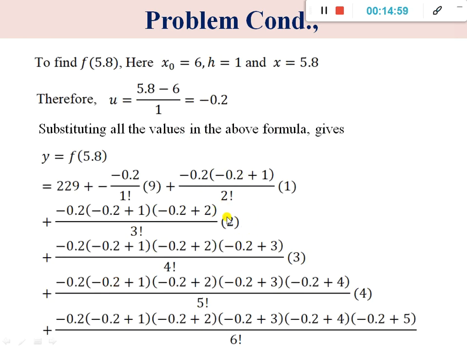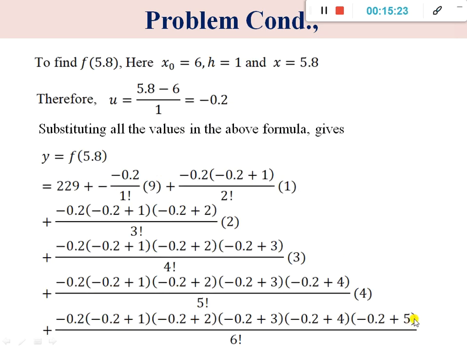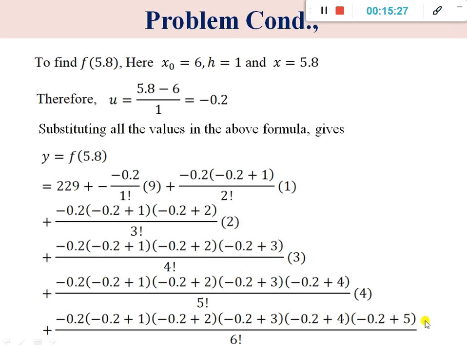Delta cube y naught is 2. Then u into u plus 1, u plus 2, u plus 3 by 4 factorial into delta power 4 y naught, value is 3. Then u, u plus 1, u plus 2, u plus 3, u plus 4 by 5 factorial into delta power 5 y naught. Then u, u plus 1, u plus 2, u plus 3, u plus 4, u plus 5 by 6 factorial into delta power 6 y naught, that is nothing but 5.